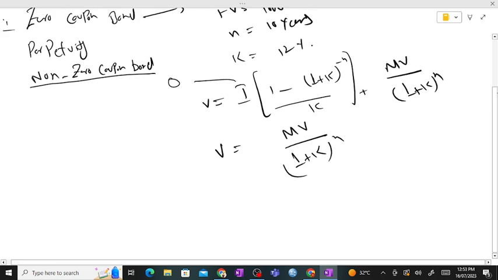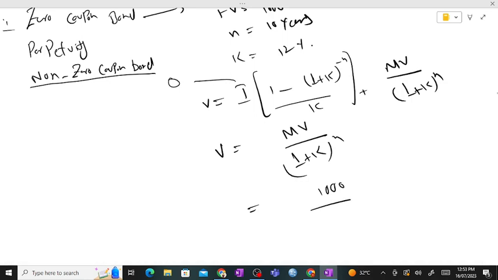You just need to add the values: maturity value 1,000 and K 12%, so 1,000 / 1.12^10, and we get 322. So if you could purchase this bond for 322 and redeem it 10 years later for 1,000, your initial investment would provide a 12% compound annual rate of return.